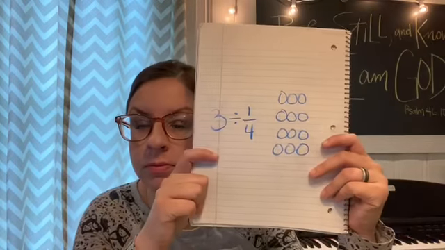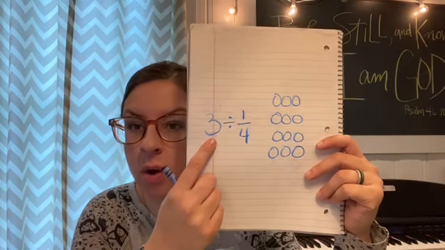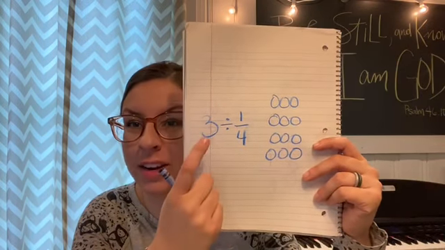So when you divide fractions, let's say we have 12 beads, and I'm going to divide the number 3 by 1/4. So basically, all I'm trying to do is show how many quarters are in 3.